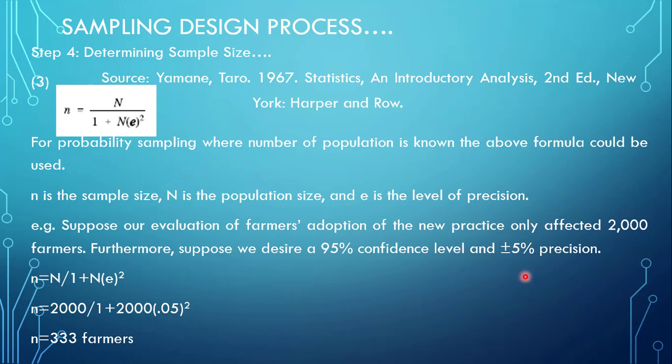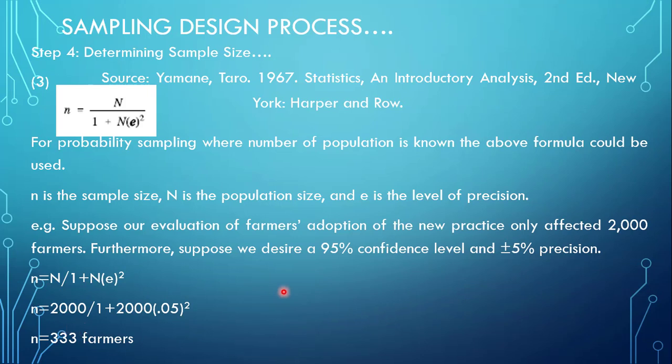So whenever you increase the precision level, let's say if the precision level is 6%, you can calculate it yourself. If it is 6%, definitely the sample size that you will draw will be less than 333.